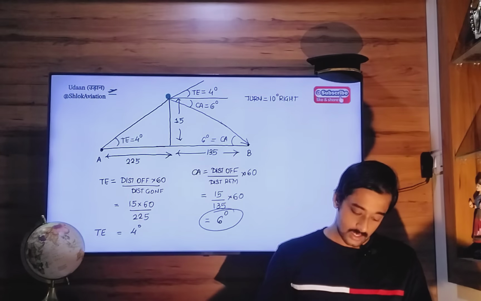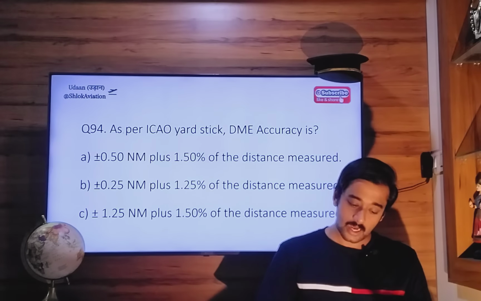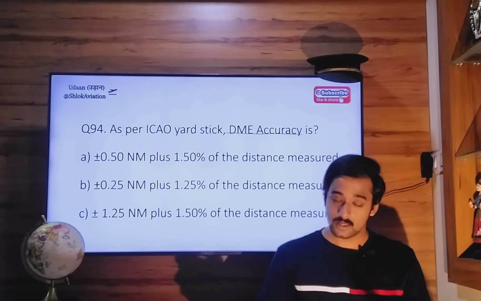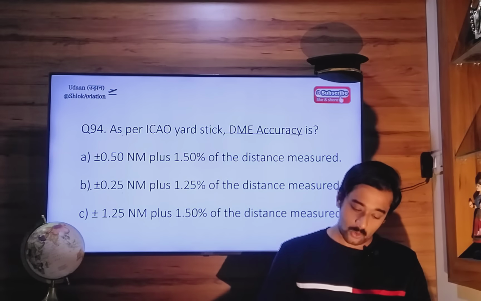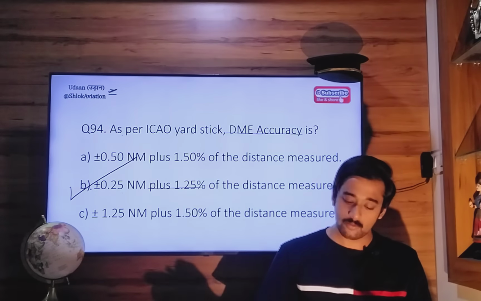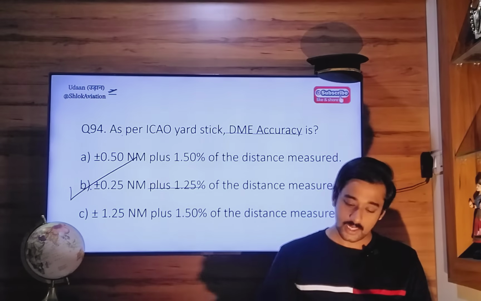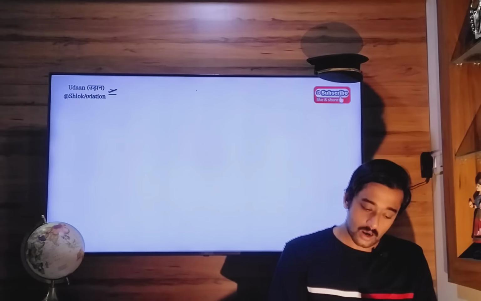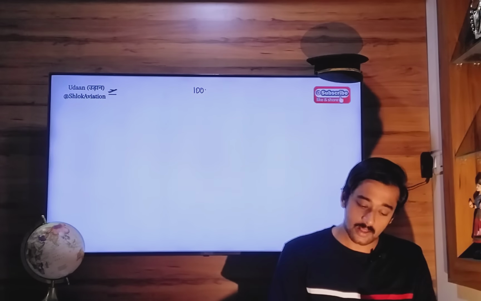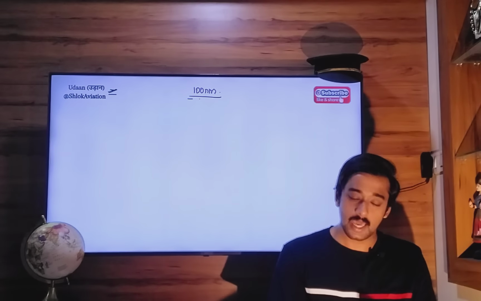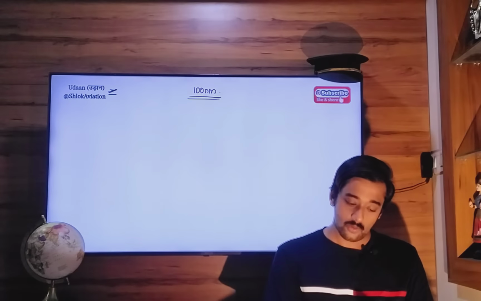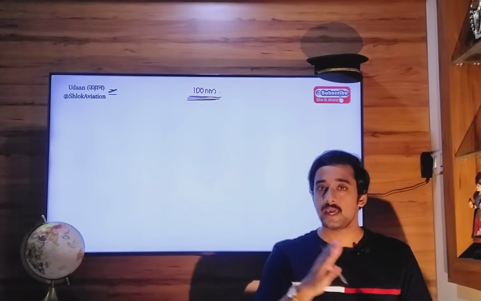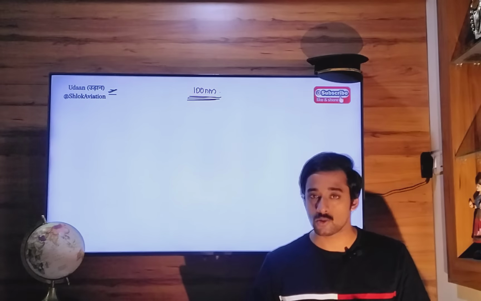Next. As per ICAO yardstick, DME accuracy is plus minus 0.25 nautical miles plus 1.25% of the distance measured. So let's say you are 100 nautical miles from a DME, distance measuring equipment, ground station.